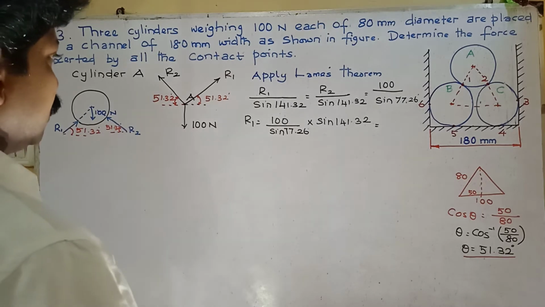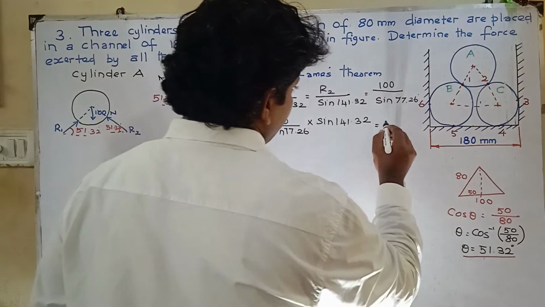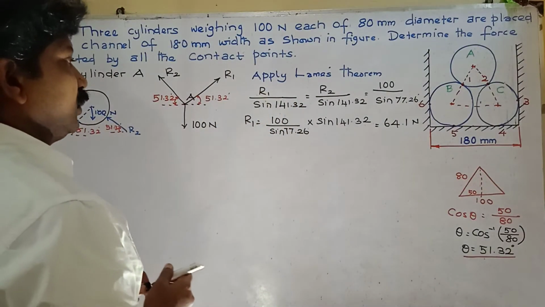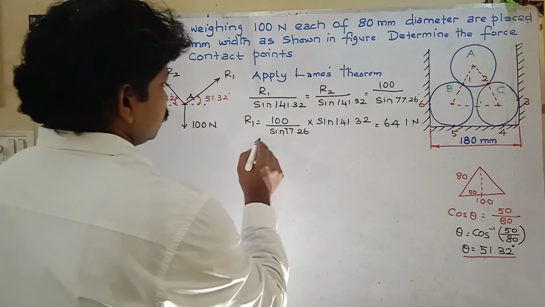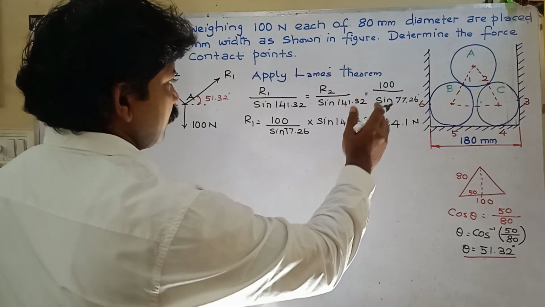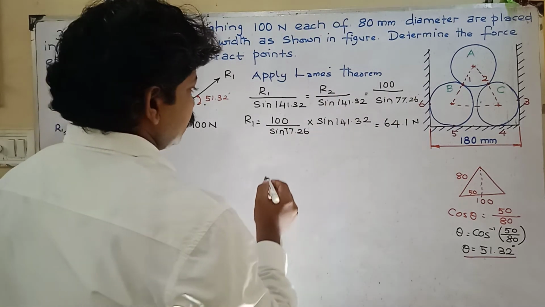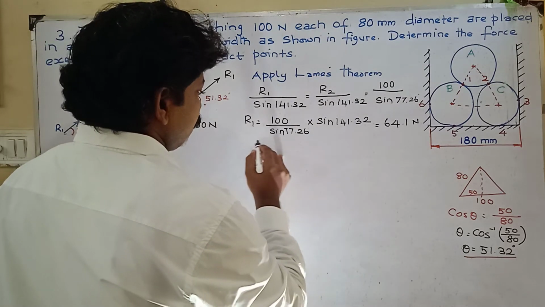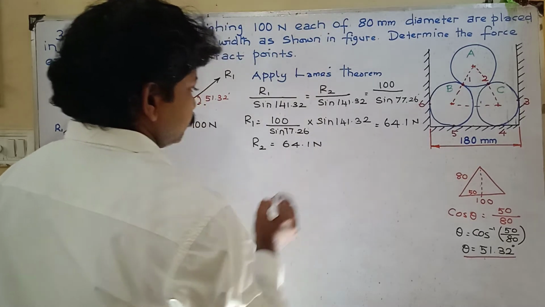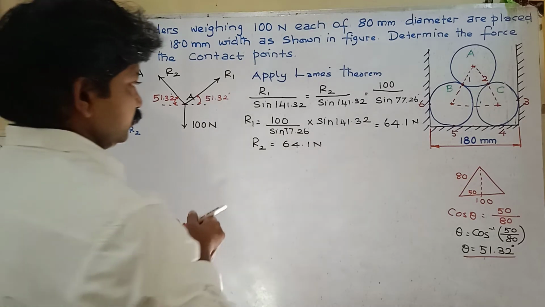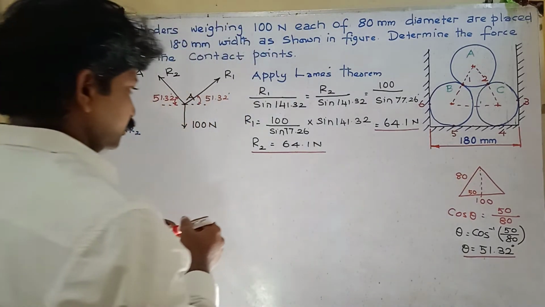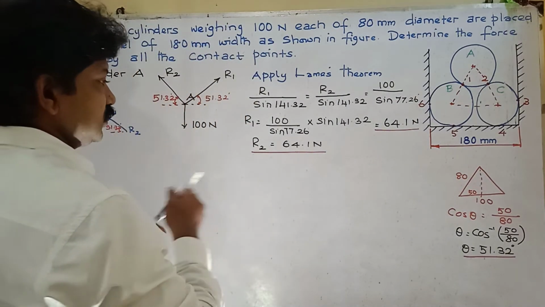R1 equals 64.1 Newton. Similarly, R2 equals 100 divided by sine 77.26, into sine 141.32. So R2 also has the same value, 64.1 Newton. So R1 equals R2 equals 64.1 Newton.